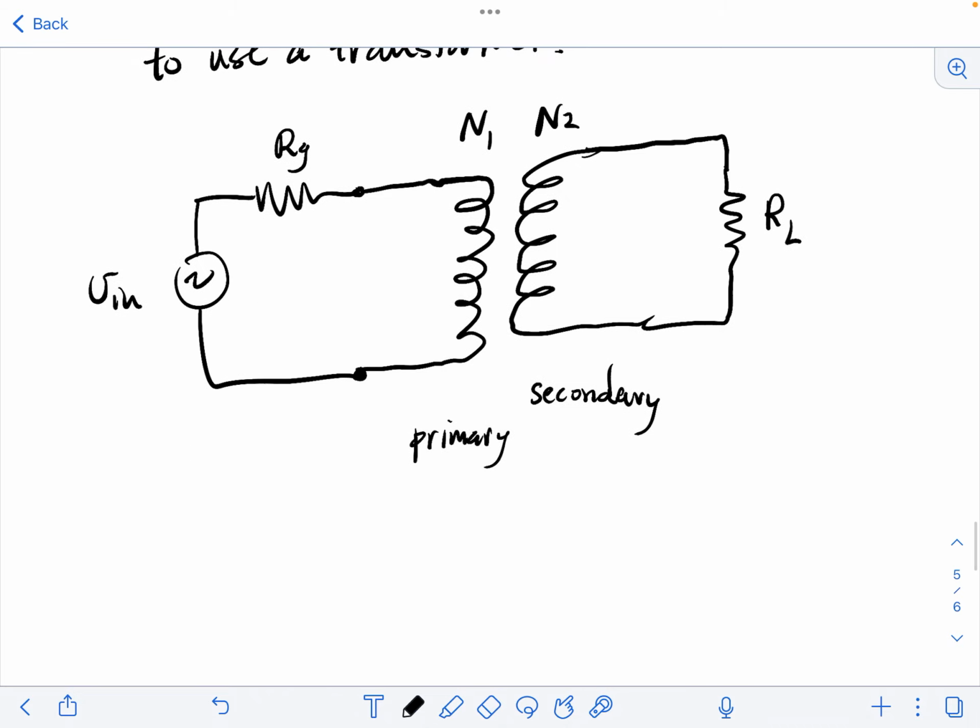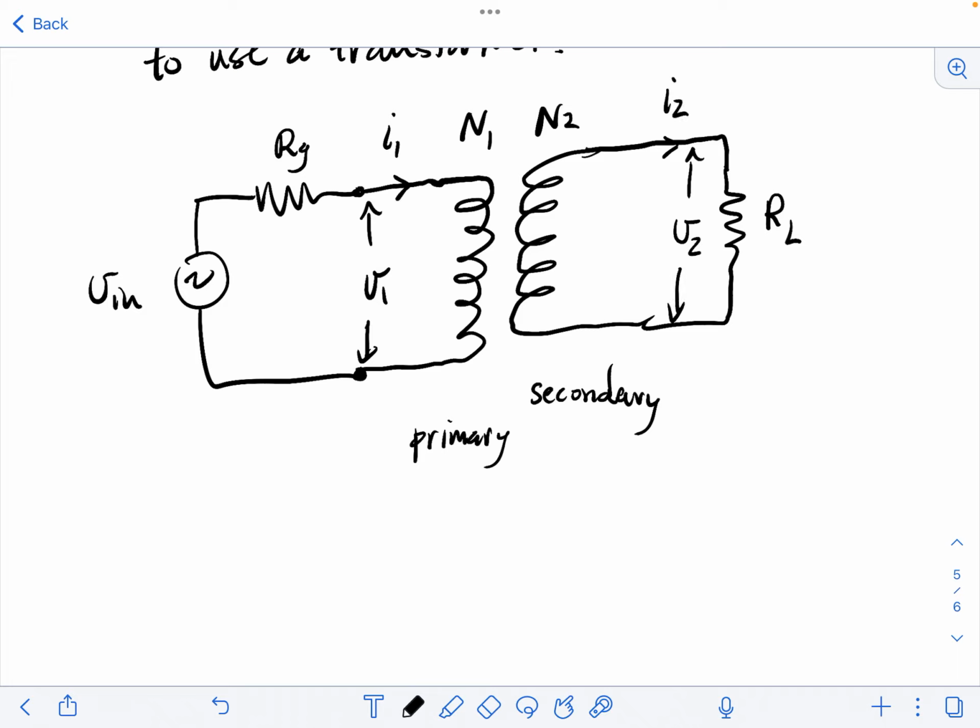The voltage across our primary is going to be V1, and the current in our primary will be I1, and the voltage in our secondary will be V2, and the current in our secondary would be I2.